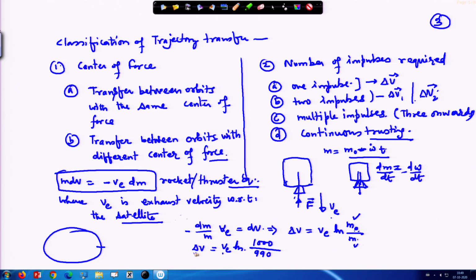So, this is the impulse provided. Wherever the impulse is required, if we know this quantity delta v, and m 0 is known to us, then m can be calculated, and once m is calculated, the amount of fuel burned will be m 0 minus m. So, this is the amount of fuel burned.